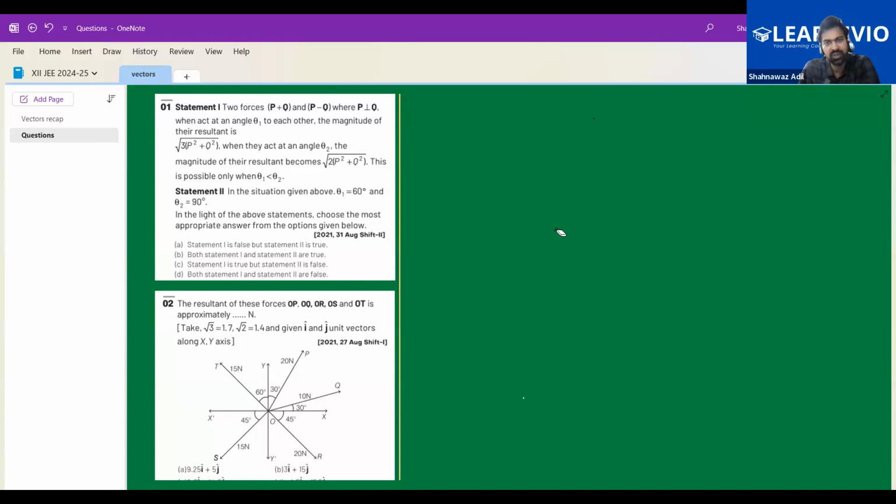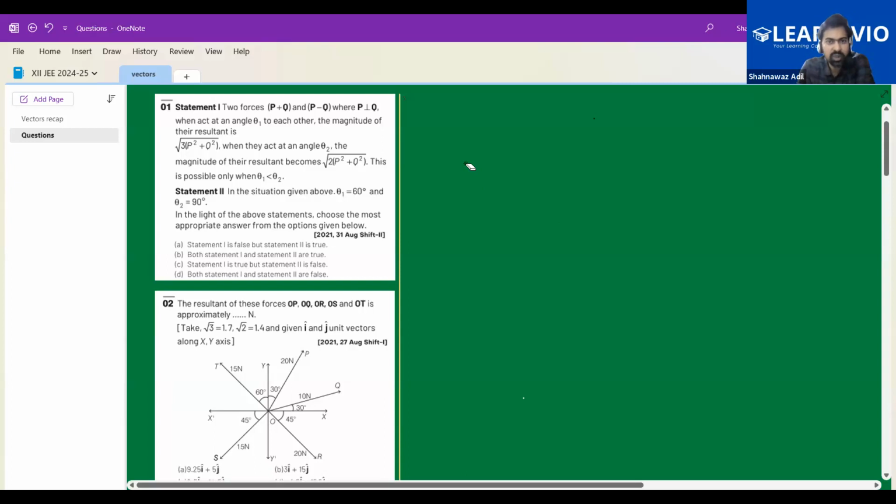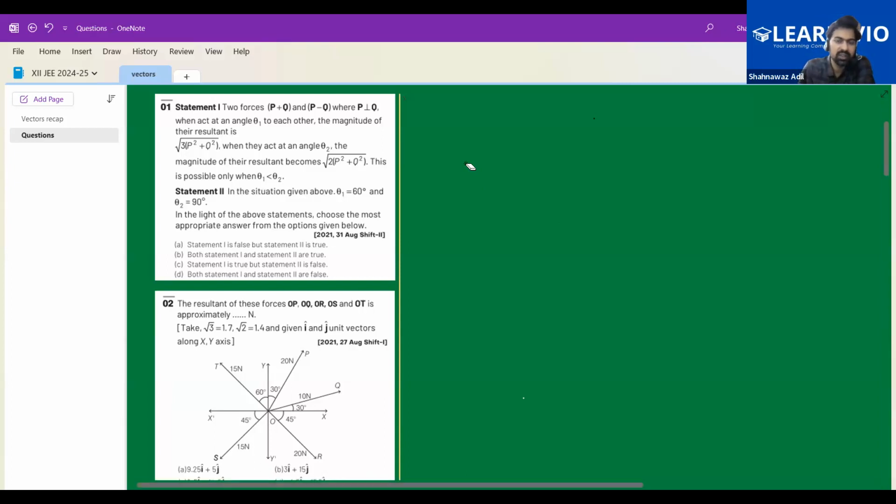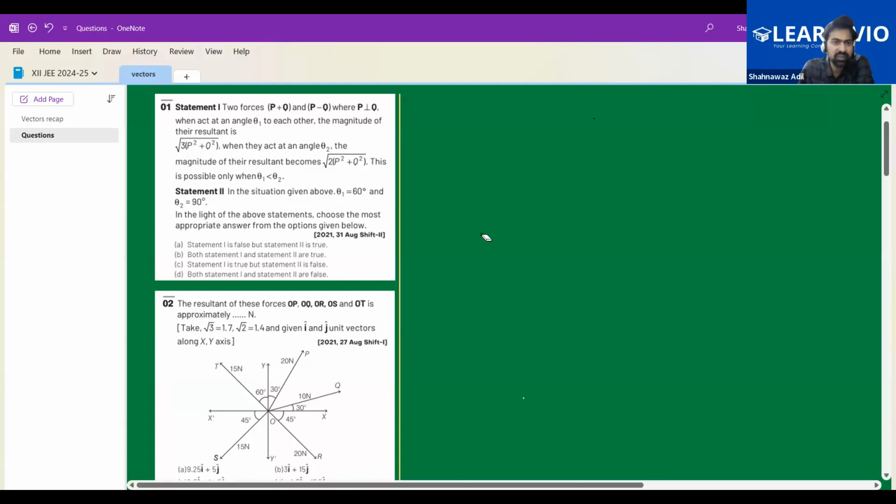So whenever Amna ma'am completes the first chapter, I will try to complete the first chapter for the JEE portion, and then she will start the second chapter. Whenever it is completed, I will start the second chapter. So we will parallelly talk about the JEE syllabus. If all those syllabus are completed, then we will recap those 11th questions. But as of now, we'll only focus on the 12th questions.